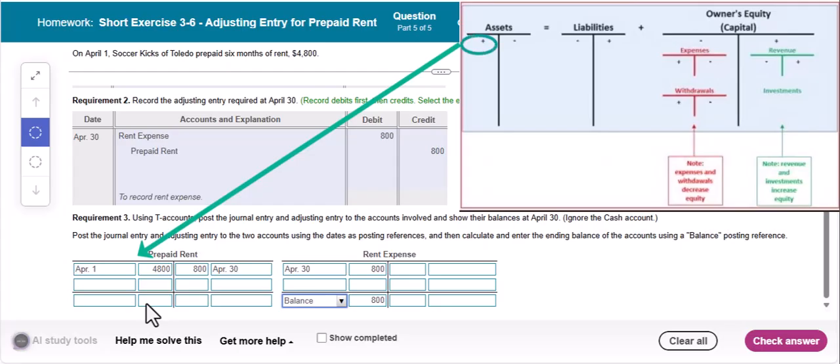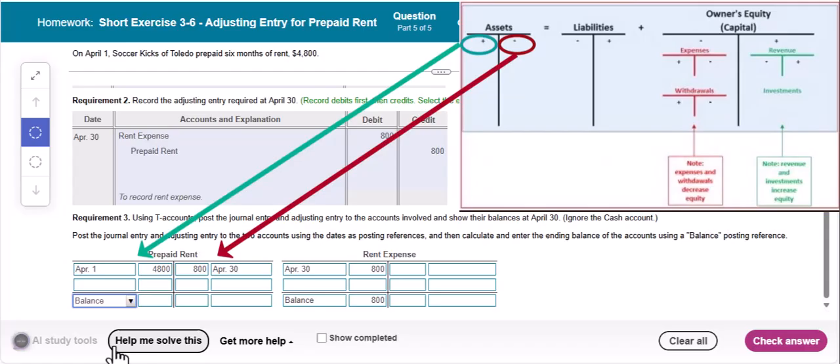So the plus side for prepaid rent is debit side. So we're going to take 800 from 4,800 to get our balance here on the debit side. So we have 4,800 minus 800 gives us 4,000 as the prepaid rent balance.